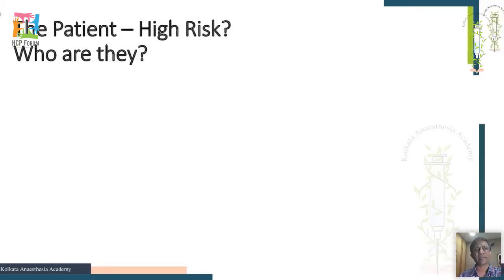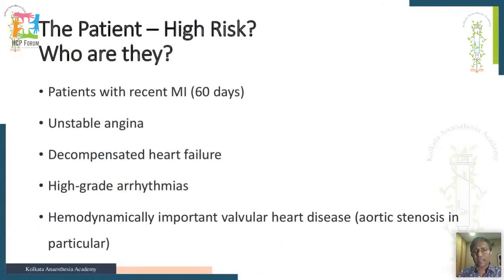You see, the patients who are at high risk are those who just had an MI, maybe in the last couple of months, or have unstable angina, with or without medications, so possibly suboptimal medications, or decompensated heart failure, not necessarily somebody who was admitted for heart failure long back and is now fine, but decompensated heart failure.